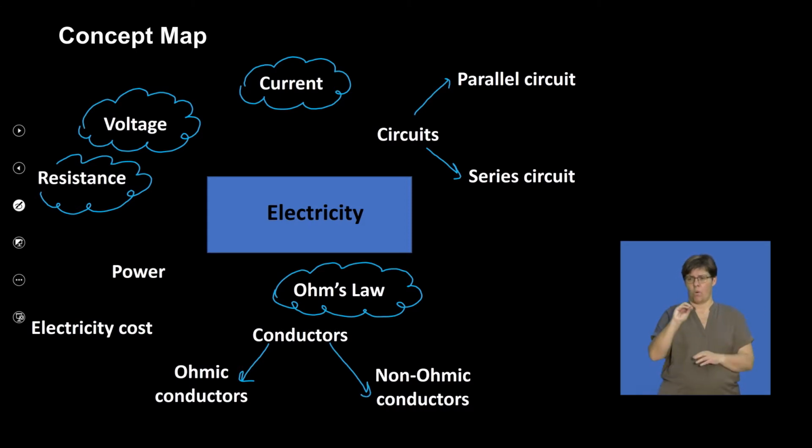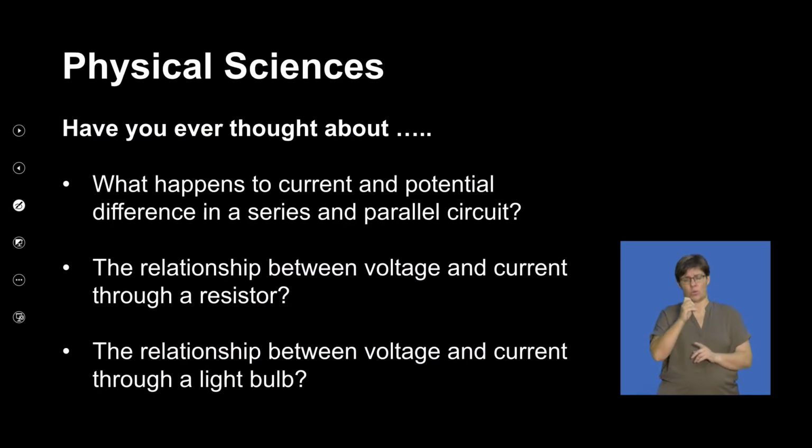But before we look at Ohm's Law, this is the thought that is going to guide our discussion today. The thought says, have you ever thought about what happens to current and potential difference, that's your voltage, in a series and parallel circuit? So we're thinking about the relationship that exists between potential difference and current in both circuits.